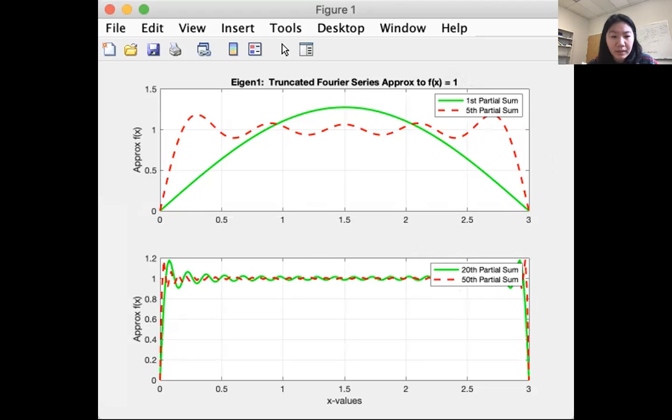You also notice that at the boundaries 0 and 3, they don't fit well. It didn't fit well because f(x) equals 1 itself doesn't satisfy the boundary conditions. That's why we have very big noise near the boundary. But overall, it can represent this continuous function f(x) equals 1 using the generalized Fourier series expansion.